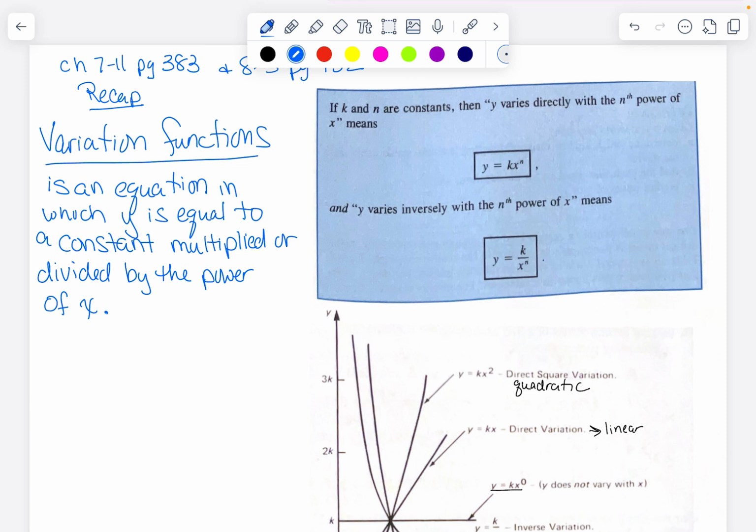And we can see over here to the right, if k and n are constants, then y varies directly with the nth power of x.